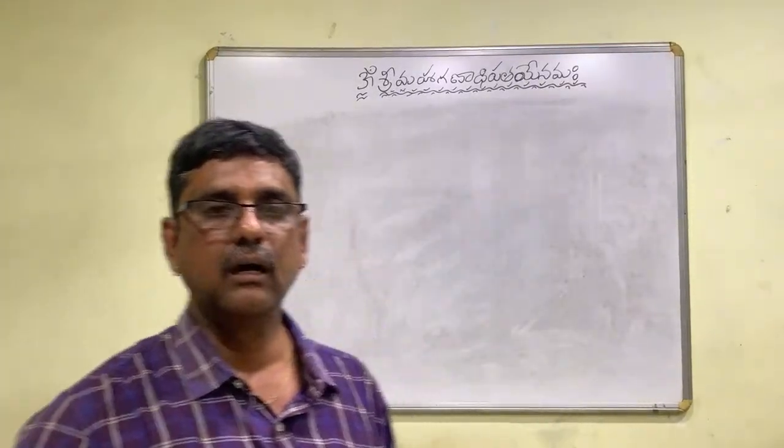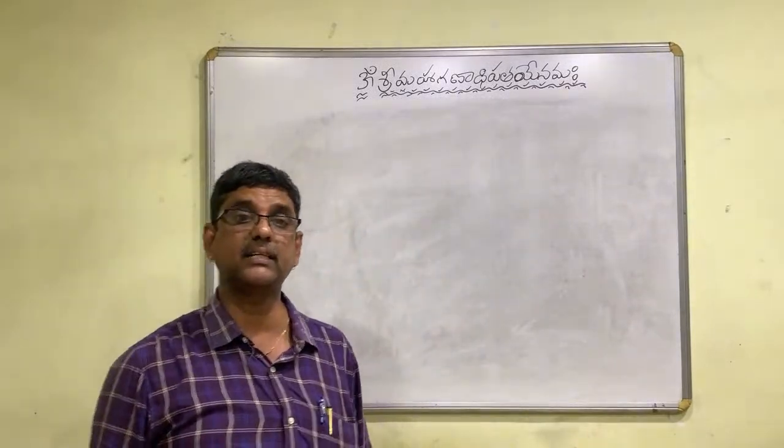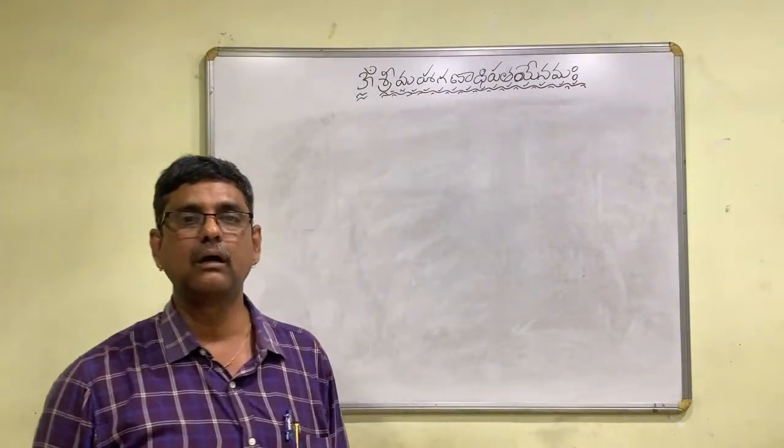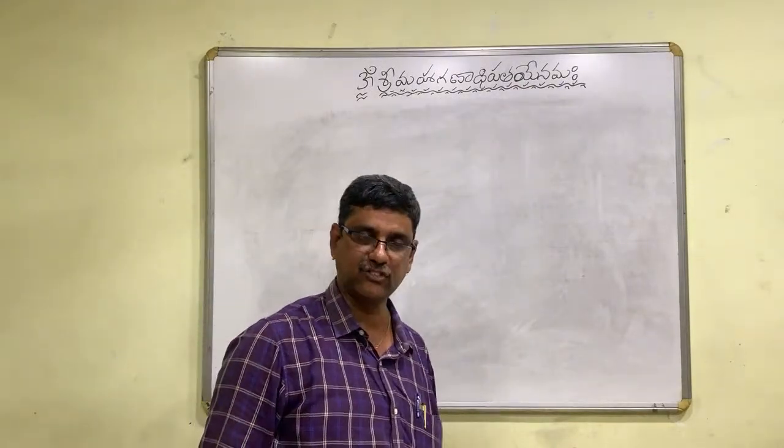There are another two types of angles. They are complementary angles and supplementary angles. Complementary angles means two angles whose sum is 90 degrees.